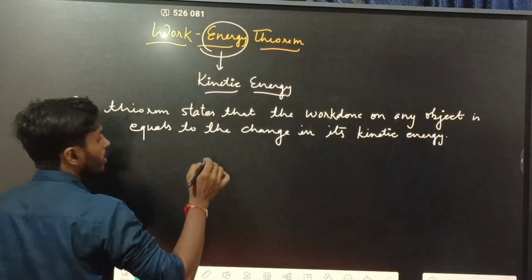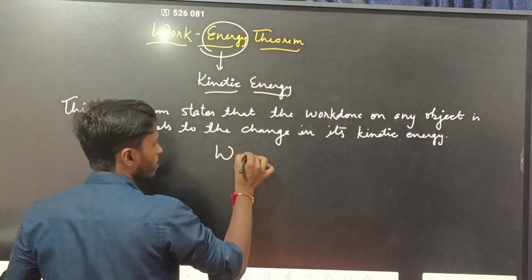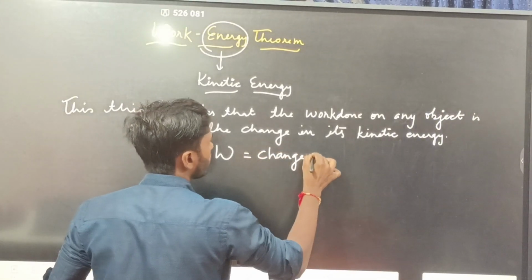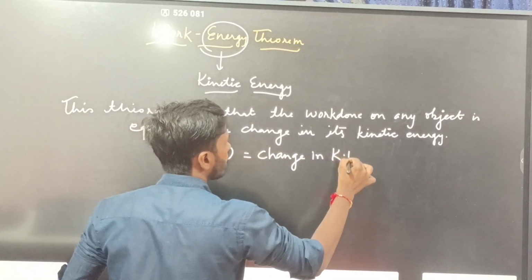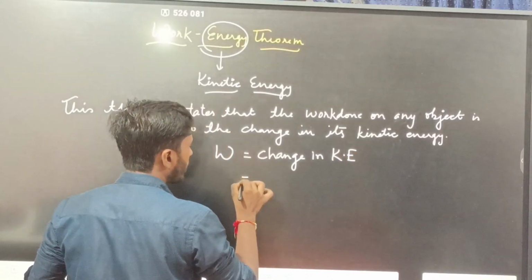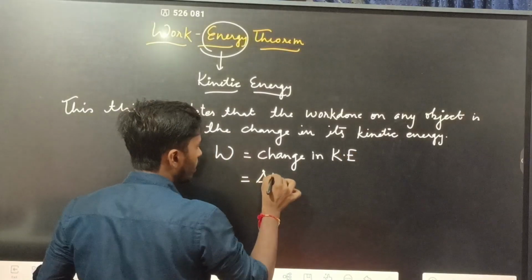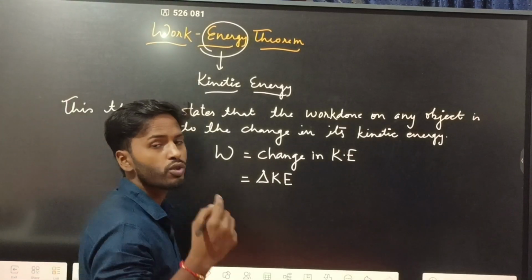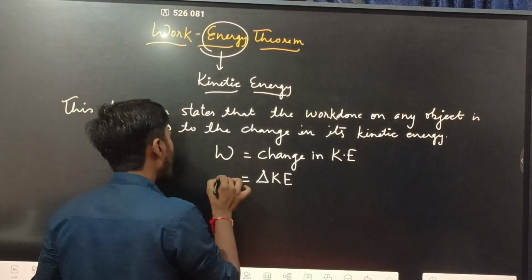That means the work done, W, is equal to the change in kinetic energy, or we can write it as delta KE. Why? Because delta denotes the change.